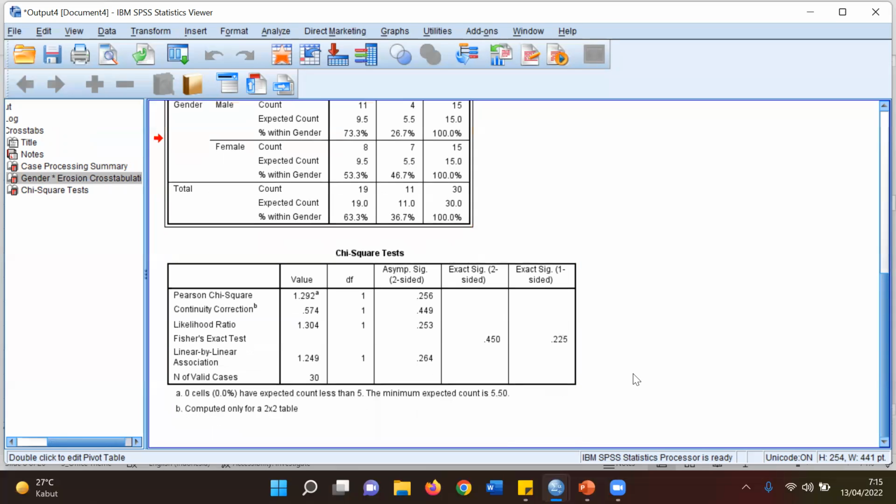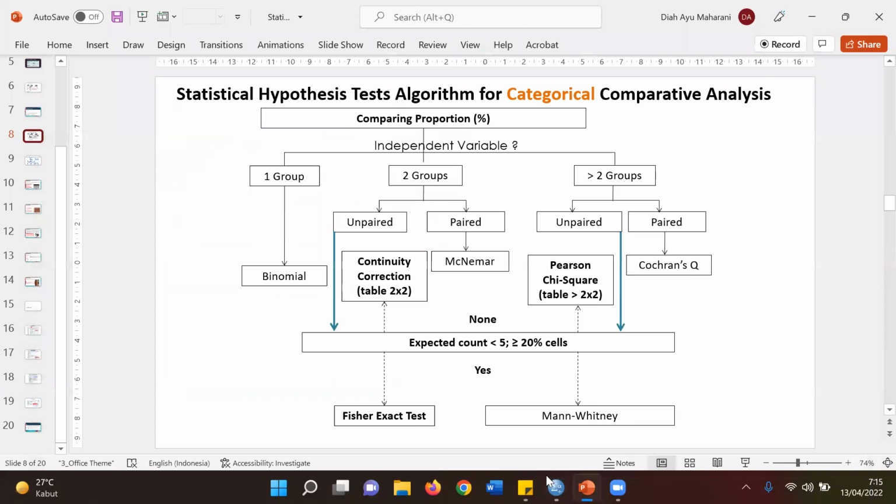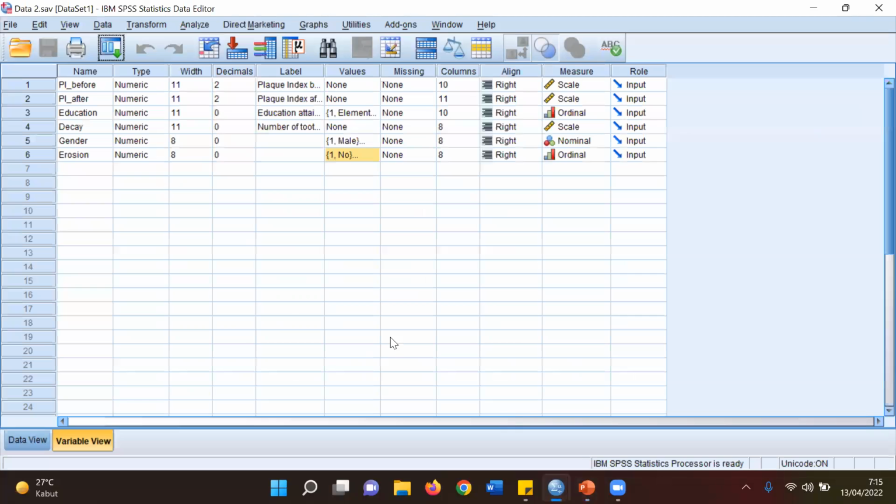So we can conclude that we can accept the hypothesis that there are no difference of dental erosion between gender. Okay, I'm going to share you again about conducting a comparative categorical analysis.